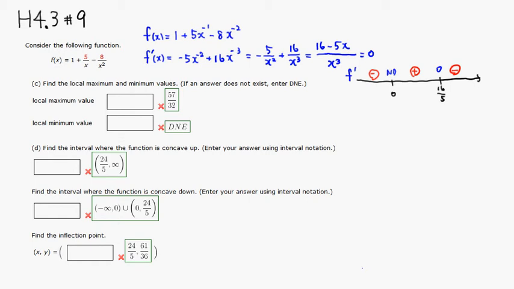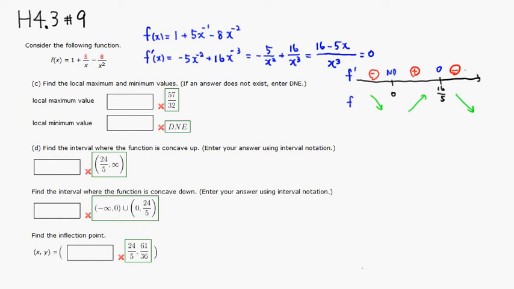Alright, for part C, we want to find the local maximum value and the local minimum value. Looking at the sign of the first derivative, we know that the function is decreasing here, increasing here, and decreasing there.